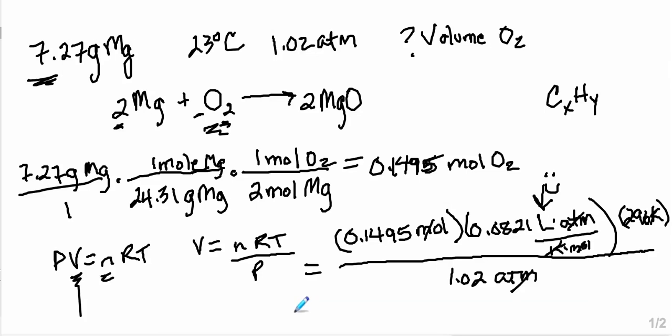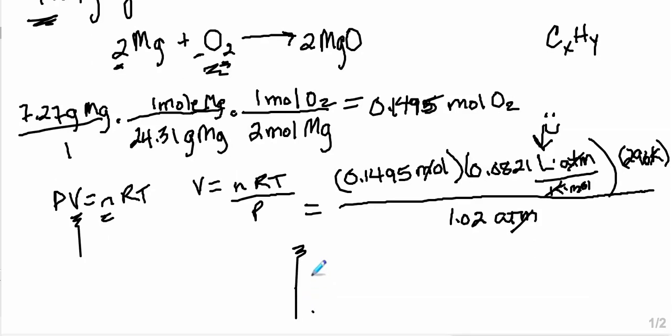But if there is more than one number in the denominator, you need to insert open parentheses, then number times number, close parentheses, in order to get the right answer. I keep seeing that mistake, so I'm going to reiterate that point. When we solve this, we get 3.56 liters. And that would be my answer.